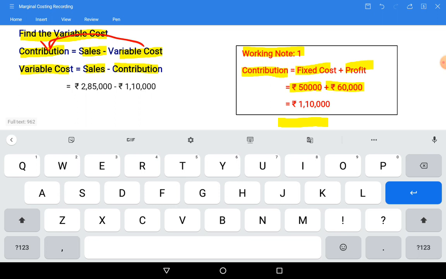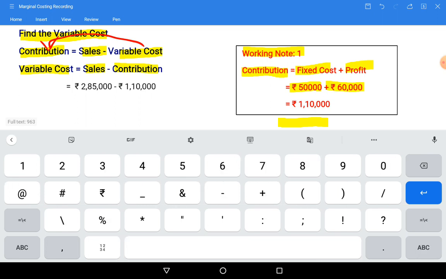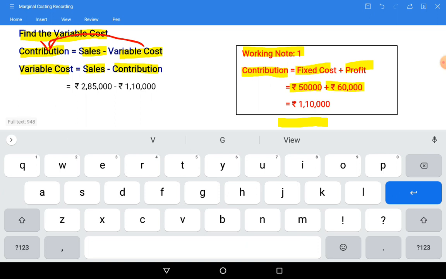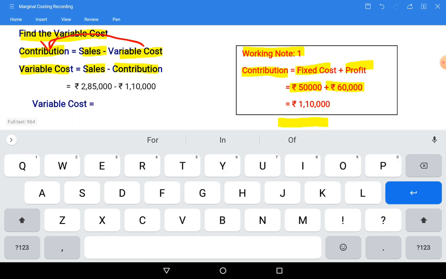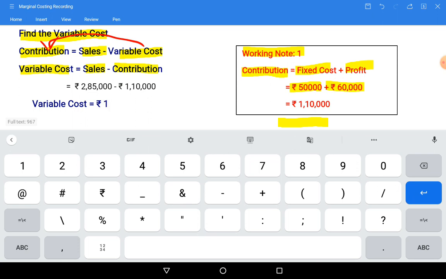Therefore variable cost will be equal to rupees 2,85,000 minus 1,10,000, which becomes 1,75,000.